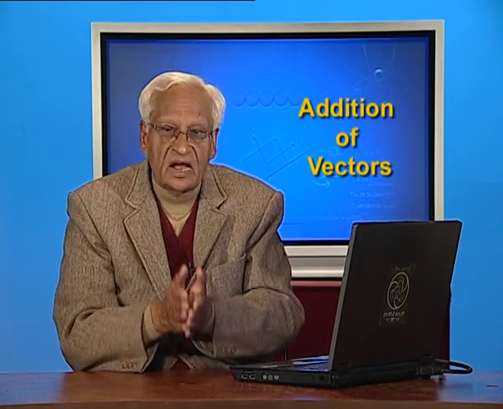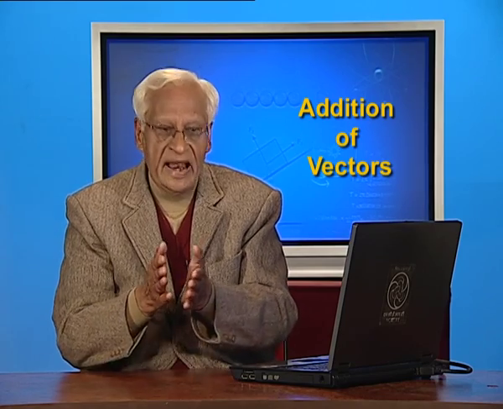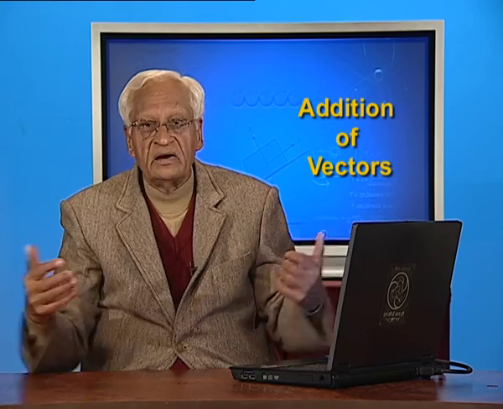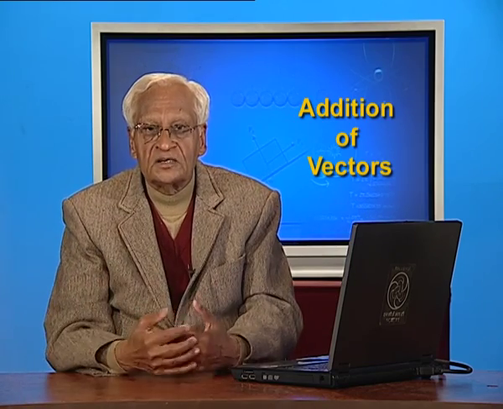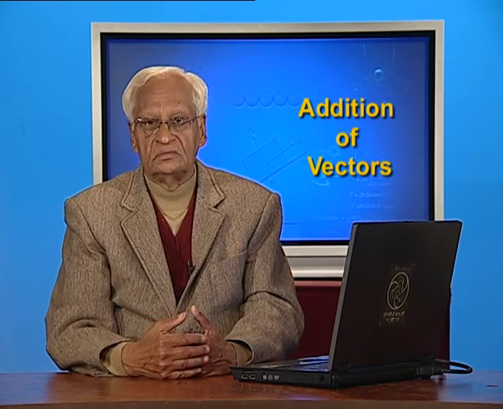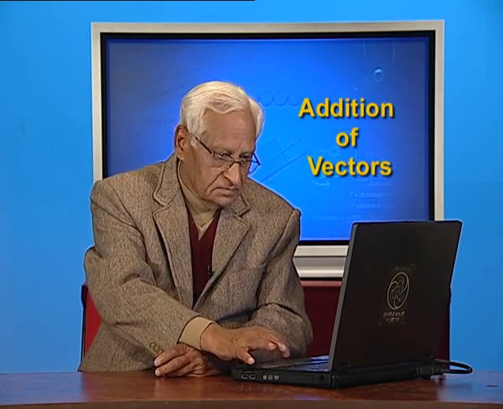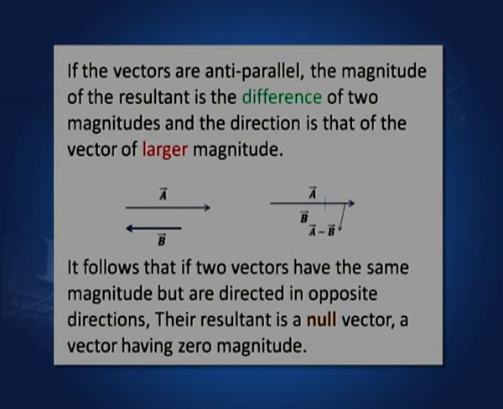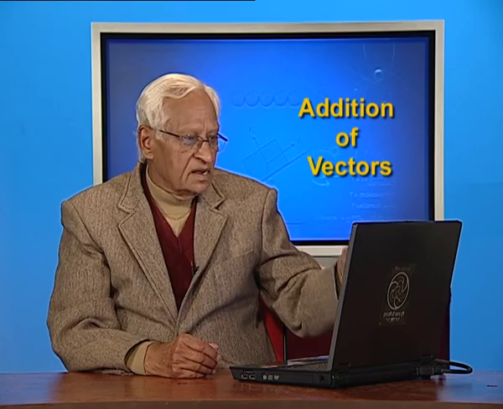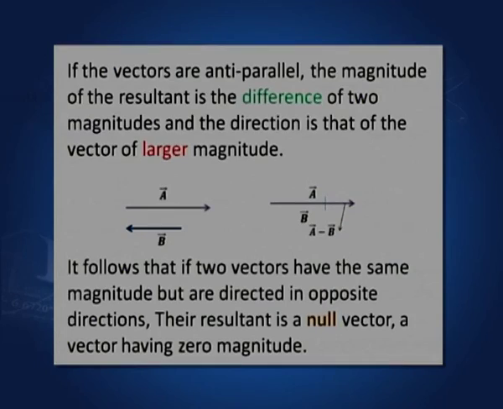If the two vectors are equal in magnitude and they are in anti-parallel directions, then the result is going to be a vector whose magnitude is 0. It is called a null vector. So, if the vectors are anti-parallel, the magnitude of the resultant is the difference of the two magnitudes, and if the two magnitudes are equal, then the difference is 0, and the direction is the same as that of the vector of larger magnitude.